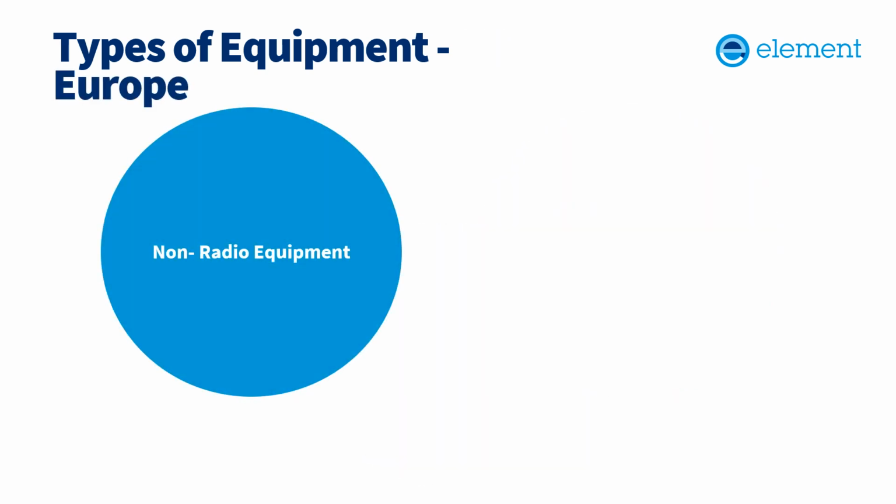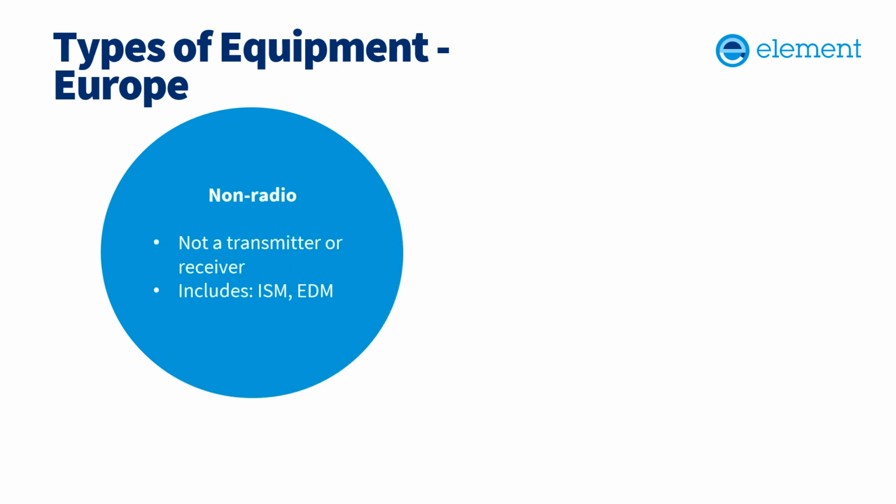In Europe, rather than calling them intentional radiators and unintentional radiators, we either have non-radio equipment or radio equipment. Non-radio equipment is clearly not a transmitter, but equally is not a receiver either. It includes ISM, so industrial, scientific, medical equipment, so products which intentionally transmit radio waves, but not for the purpose of communication or determination.